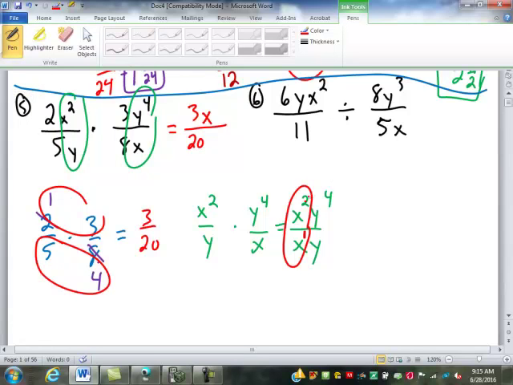We figure that out by subtracting the powers. 2 minus 1 is 1, so it's x to the 1, or just x. How about the y, top or bottom? It's also going on top because we have a 4 and a 1, and the 4 is bigger. What's its power going to be? 3, because 4 minus 1 makes 3. So the result of that problem is 3xy to the 3rd over 20.